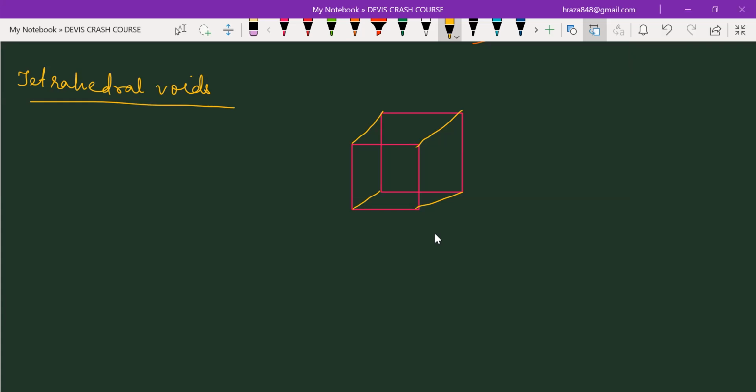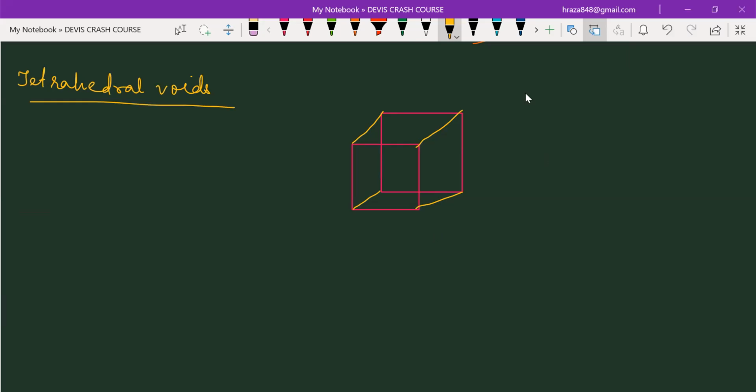Let me show the body diagonal: one, two, three, four. Four. From one side you will get two, and then one, two, three, four. Yes, four.